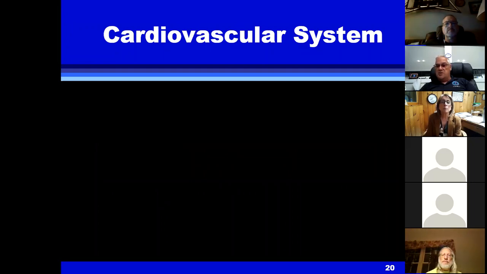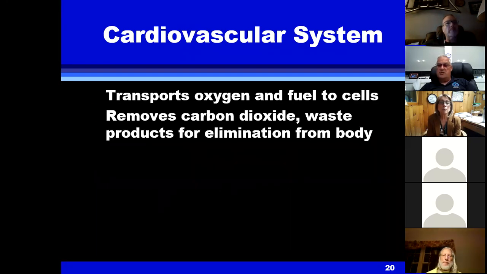The cardiovascular system's role in all of this is it transports the oxygen and the fuel to the cells, and it removes the waste products from the cells. So it's the transport mechanism. We get that oxygen by breathing, and we get rid of the carbon dioxide by breathing, and the fuel, the sugar, and all the other nutrients by eating.